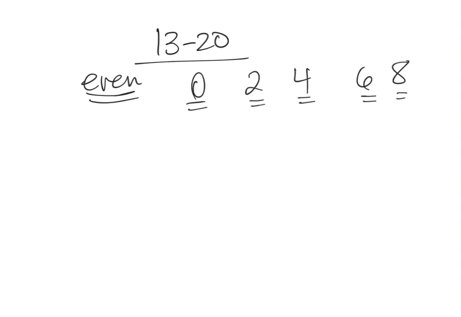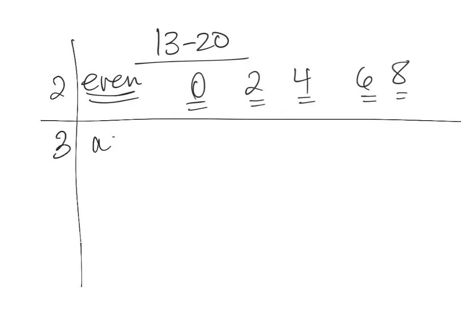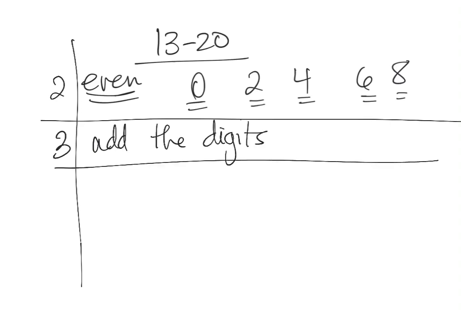No problem. And then for 3, we basically add up the digits and see if you get a multiple of 3. If you get a multiple of 3, then that number is divisible by 3.